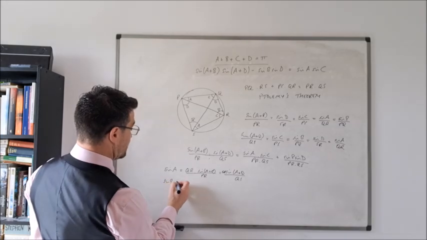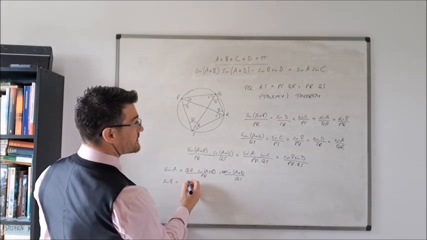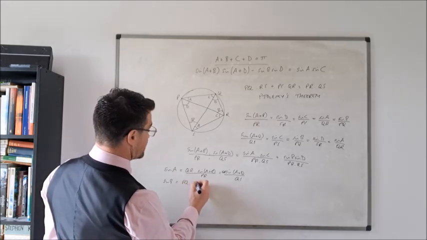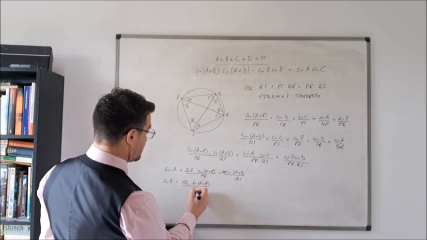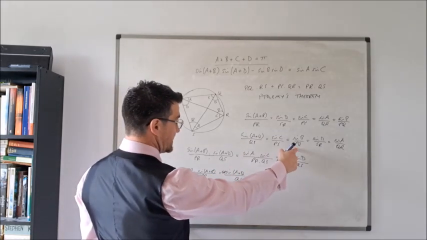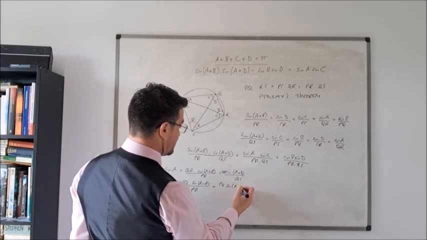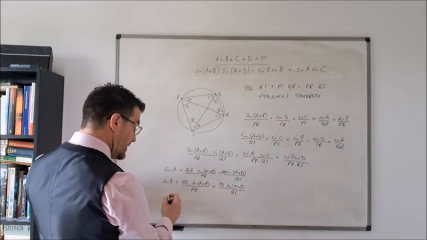Sine B is equal to PQ times sine A plus B over PR, which is equal to sine B PQ sine A plus D over QS, and so on and so forth.